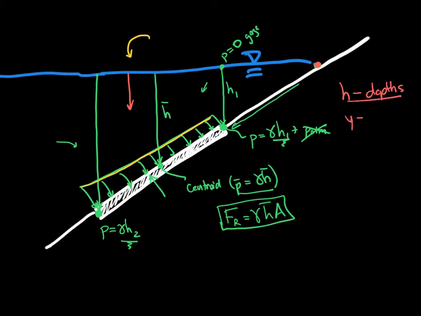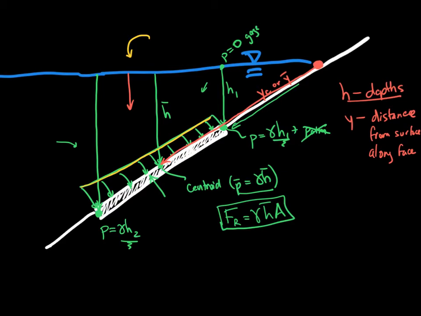Y's are distance from the surface, but along the face. If we start right here at this red dot and move along this way, this right here is the YC or the Y bar, depending on which system you use.